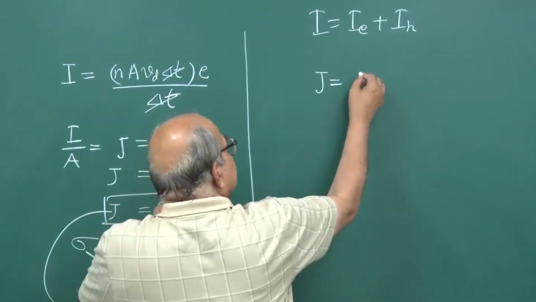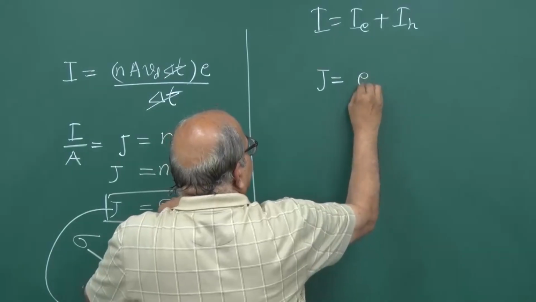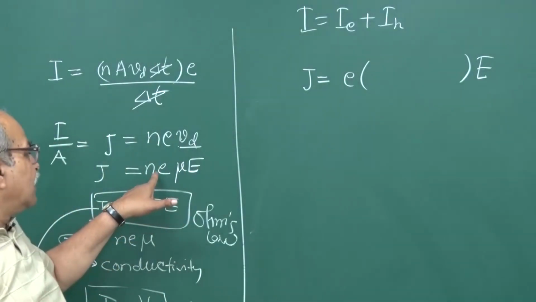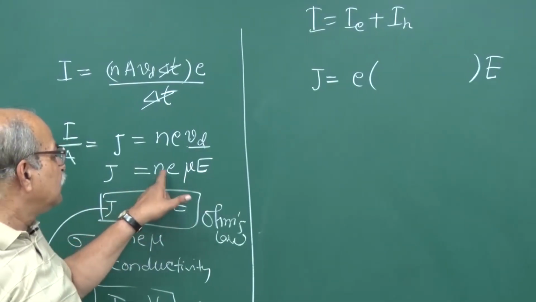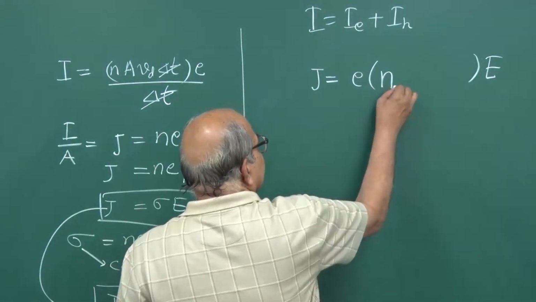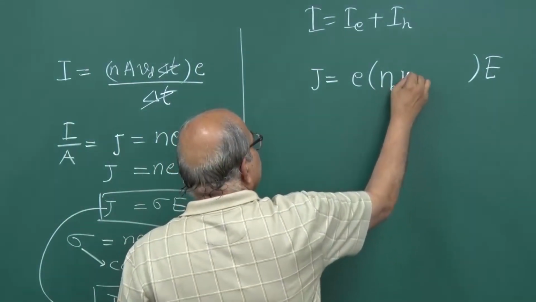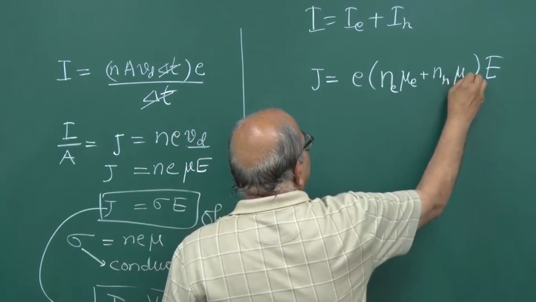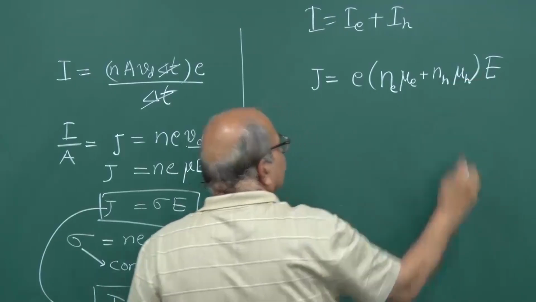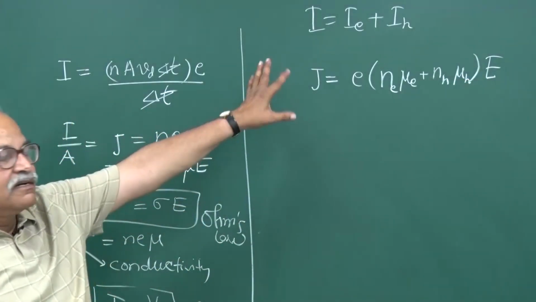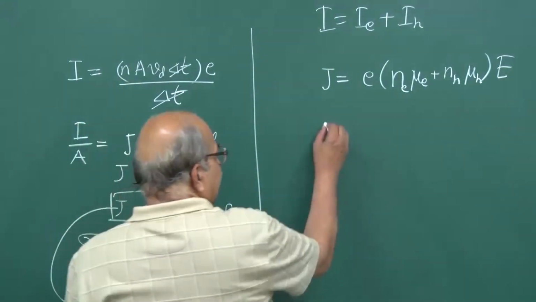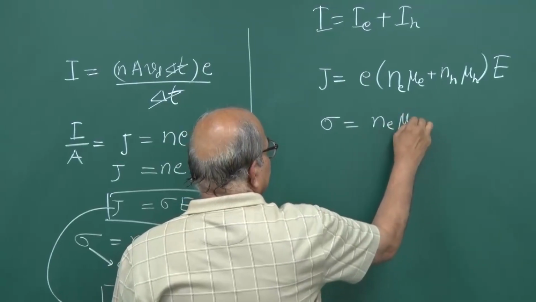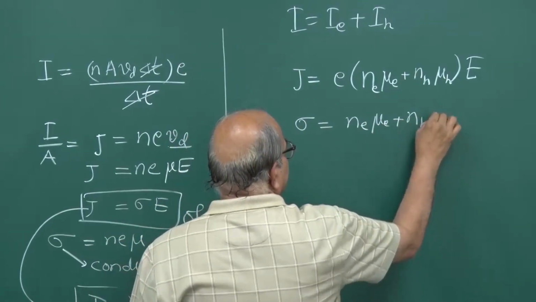So E, the charge, can be taken out, and then you have N and mu. So number of electrons and mobility of electrons plus number of holes and mobility of holes. So this will give you the current, and the conductivity will be N_e e mu_e plus N_h e mu_h.